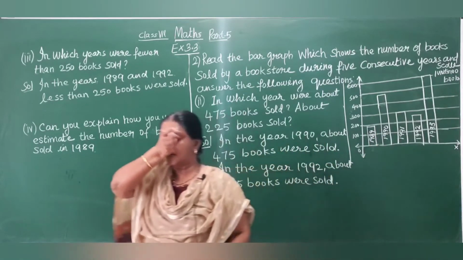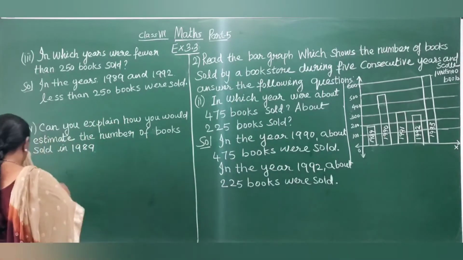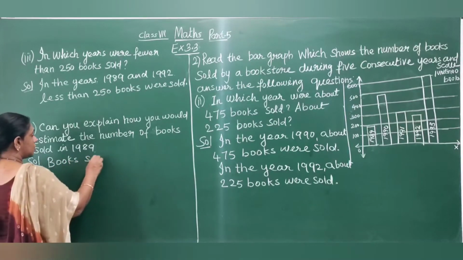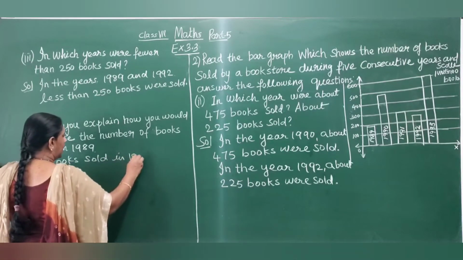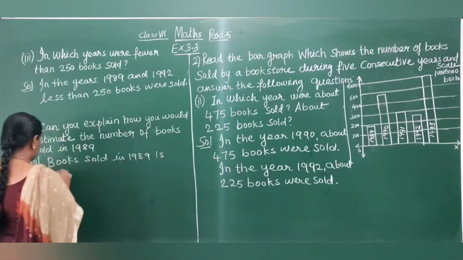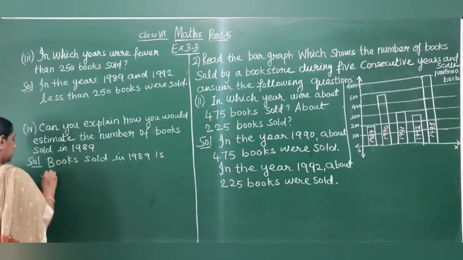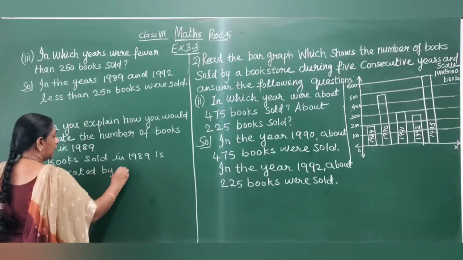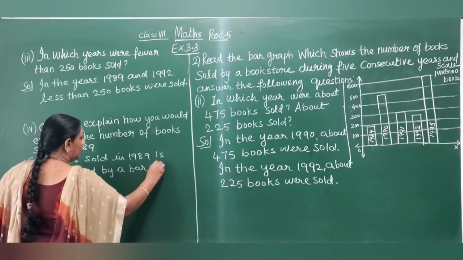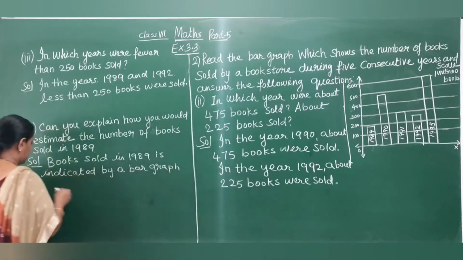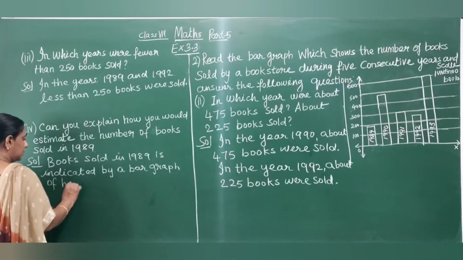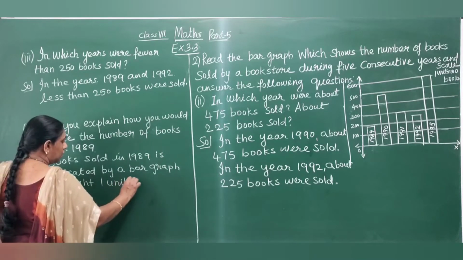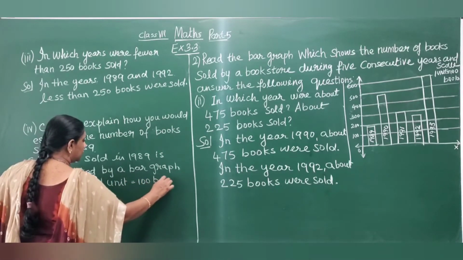So how we will be writing here is: books sold in 1989 is indicated by the bar graph of height 1 unit is equal to 100 books.